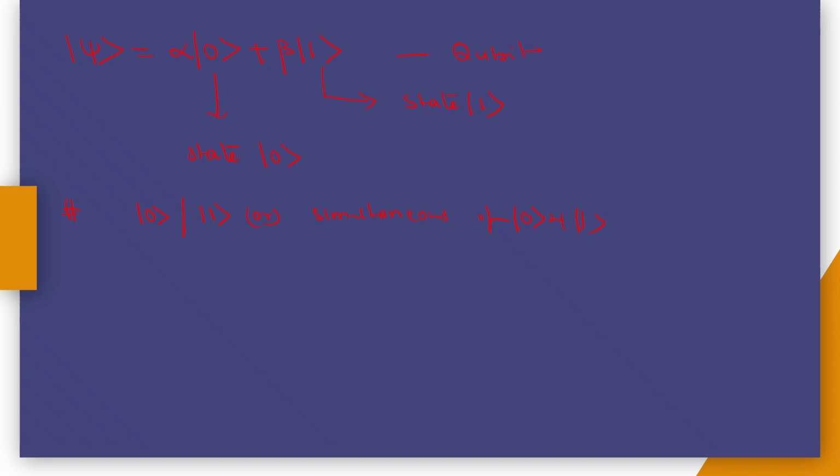So the simultaneous representation is like alpha state 0 plus beta state 1.